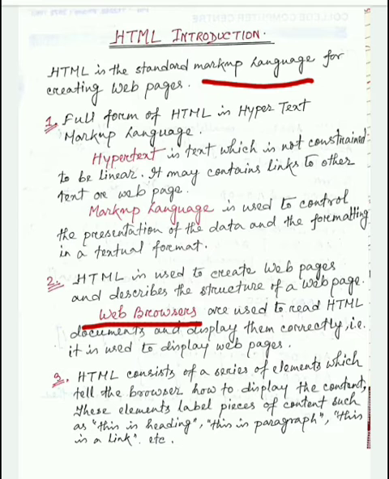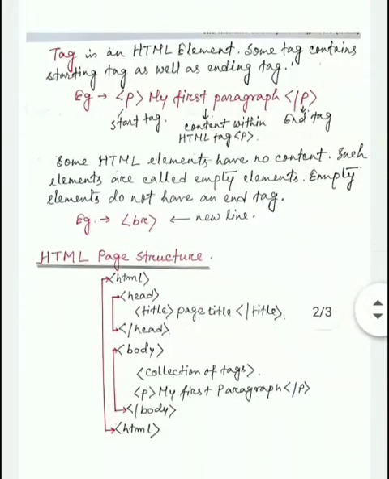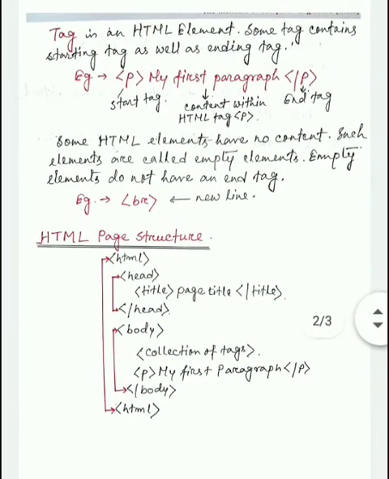Some elements are used to give headings in the document, some to create paragraphs, and some to format the text, to give text color, and to give the effects bold, italic, underline. These elements which are used in HTML to format the web page are known as tags.